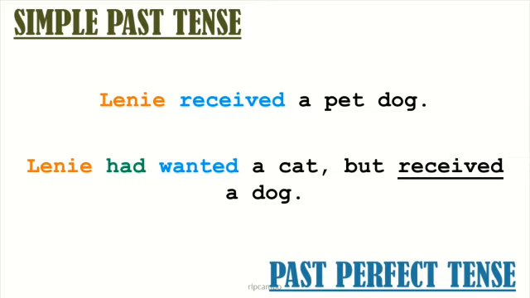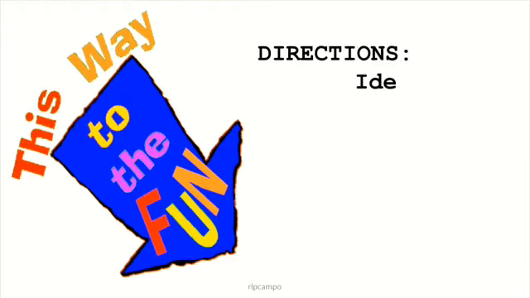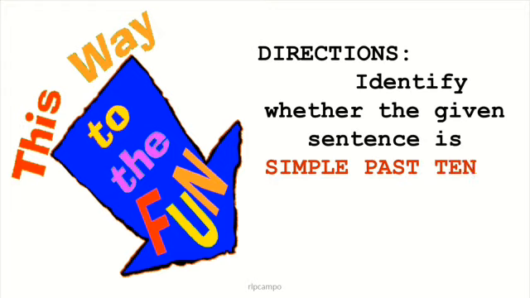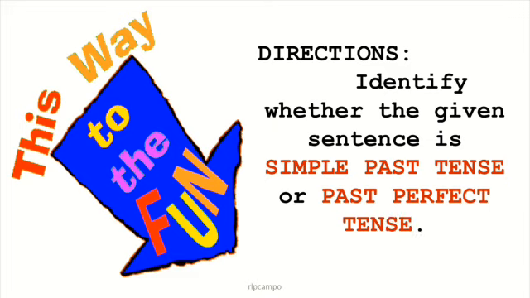The first completed action is Lenny had wanted a cat, and the second action is received a dog. Now do this activity. Identify whether the given sentence is simple past tense or past perfect tense.